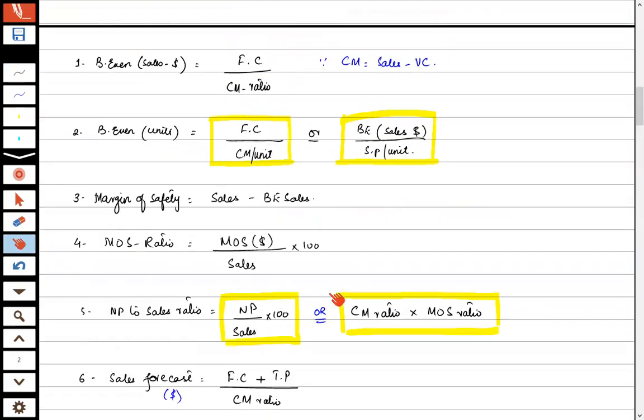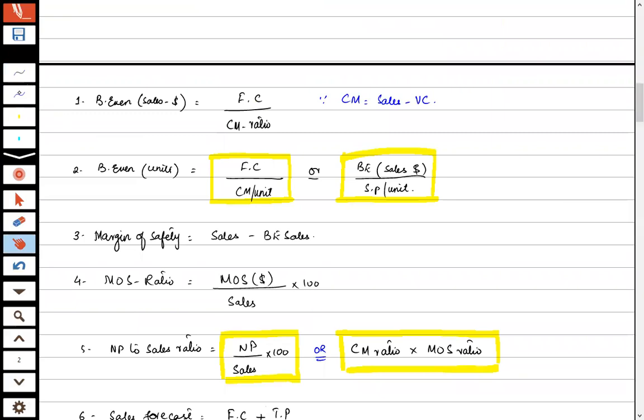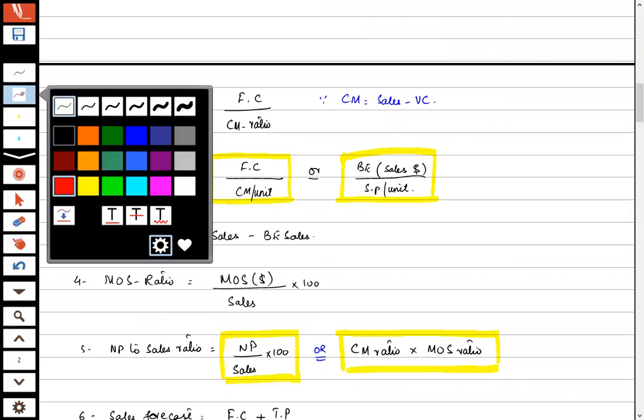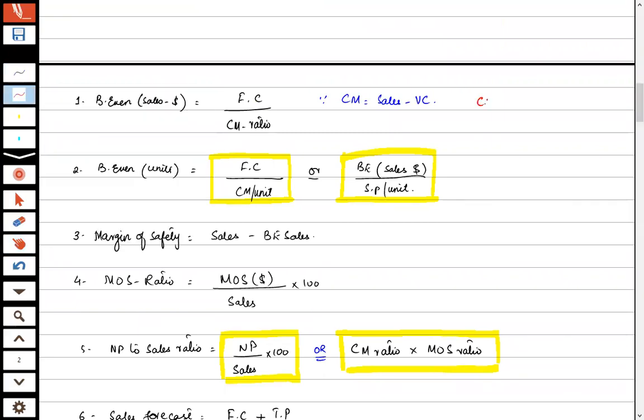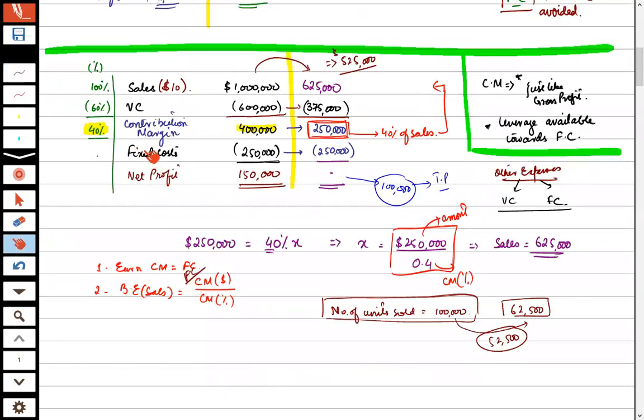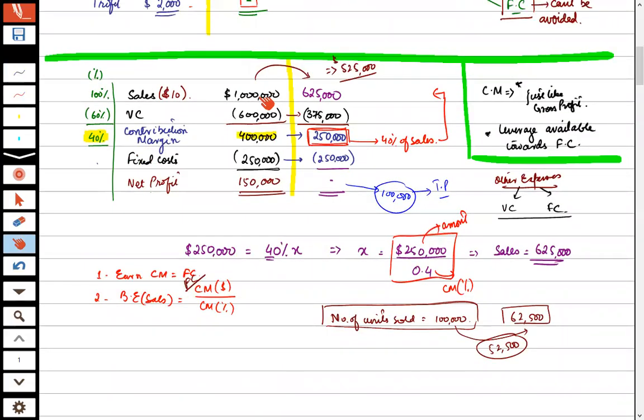Okay. One more formula for the CM percentage. Usually how we calculate CM percentage is CM divided by sales.